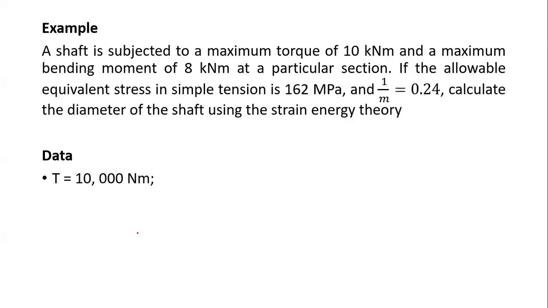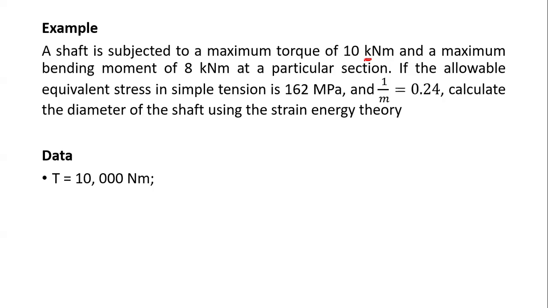First, we have the torque. If you check our torque, it's written as 10 kilonewton meters. When you see a kilonewton meter, that kilo needs to be converted. Kilo represents 1,000, or 10 power 3.